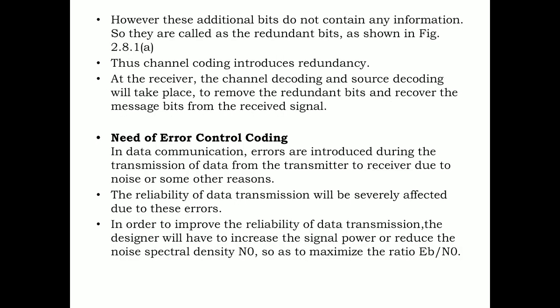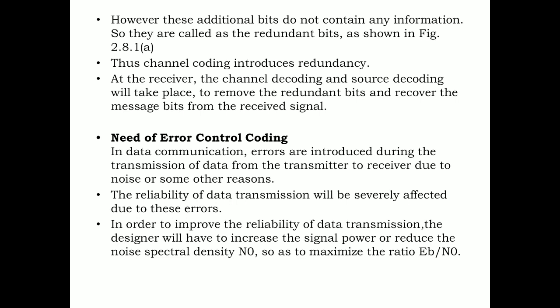Now the next topic is the need of error control coding. In data communication, errors are introduced during the transmission of data from the transmitter to the receiver due to noise or some other reason.